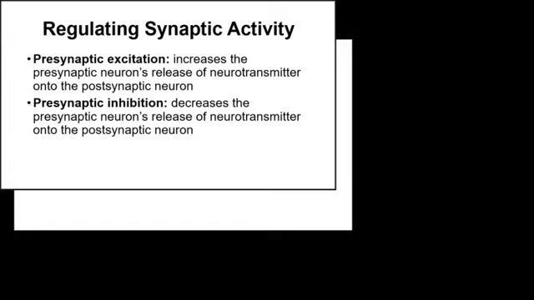So if you trigger presynaptic excitation, more neurotransmitter is released. We can also have presynaptic inhibition, which decreases the amount of neurotransmitter that's released. And of course, you want to keep in mind that different neurotransmitters themselves can be excitatory or inhibitory. So we're starting to see that there's lots of moving parts, lots of possible combinations here.